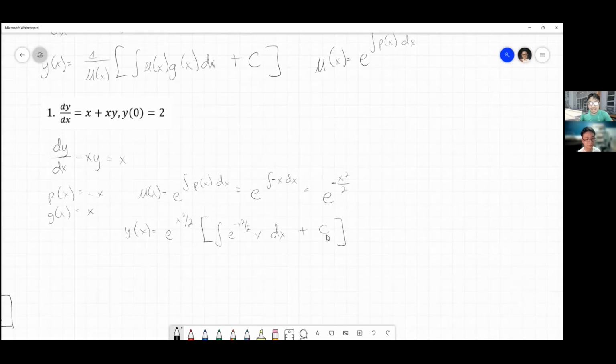So, kailangan kong evaluate tong integral na to. So, e to the negative x squared over 2. Nagawin ko u equals negative x squared over 2. And then du is equal to negative x dx.